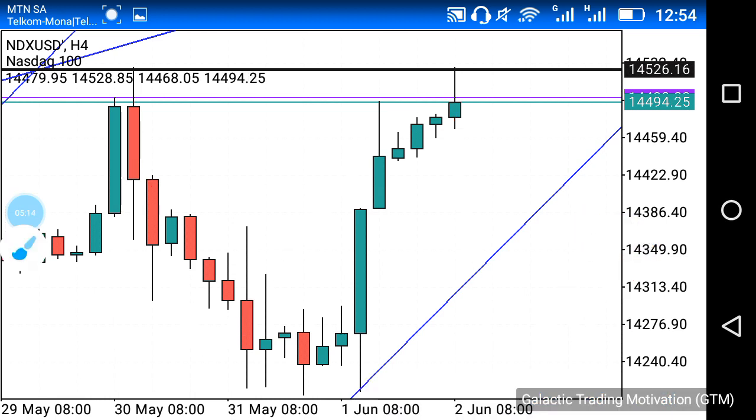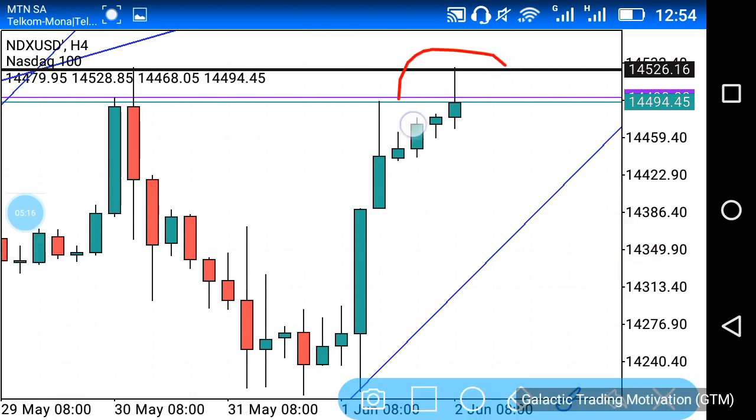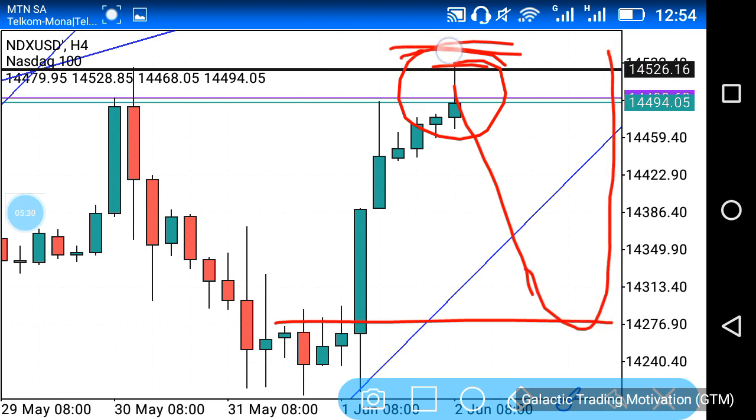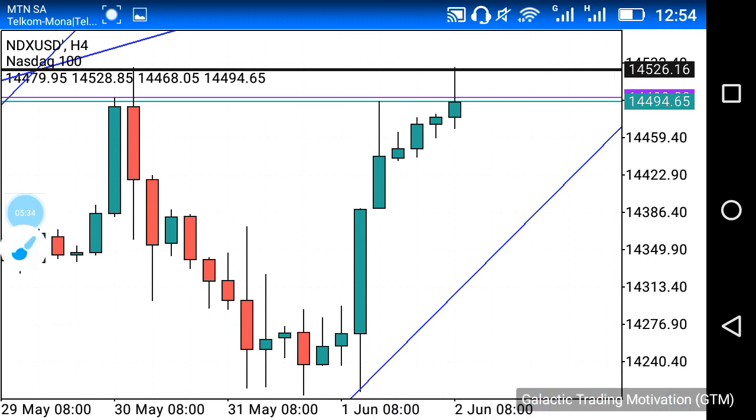So it is quite possible that the market may give us a trap at this point, where price only moves further down to around this level, giving a lot of traders and investors lots of opportunity to sell and place their stop losses just above, only for the market to in the future go all the way up to trigger all of those stop losses that I just spoke about. So we just need to be careful and make sure that we exercise good money management, especially because we have NFP, which is non-farm payroll, coming up in the next hour or so.